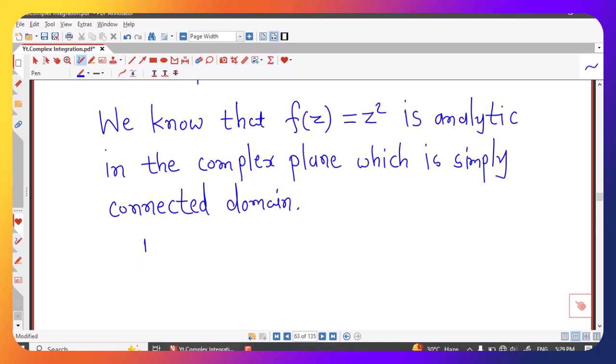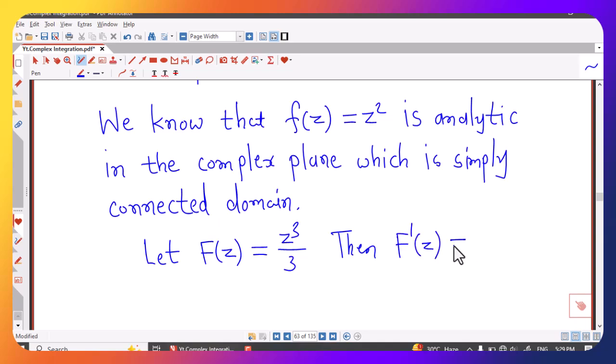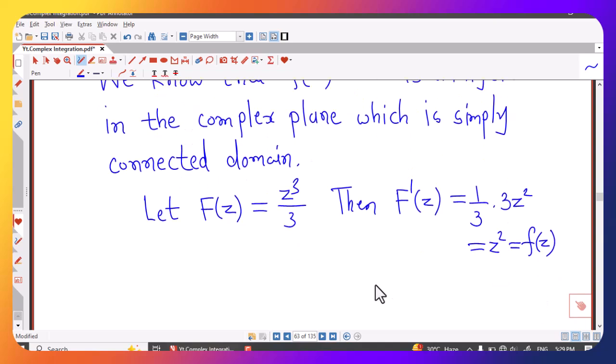And if we consider capital F of z equal to z cube by 3, then we know that the derivative of capital F of z is 1 by 3 into the derivative of z cube, which is 3z square, that is z square, and this is equal to f of z for all z in the complex plane.